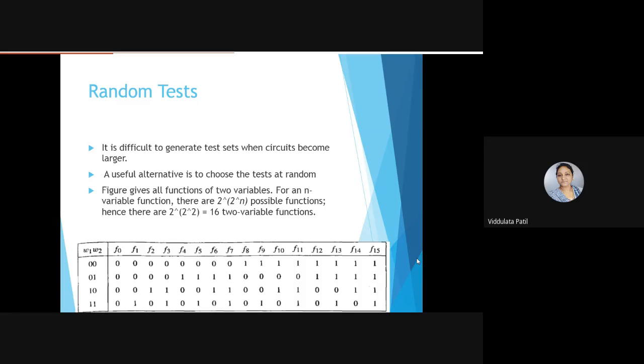In other words, if we have n input variables, then we get a total of 2 raised to 2 raised to n functions for that circuit. So if we have 2 input variables, there will be 2 raised to 4, that means 16 functions for that circuitry.